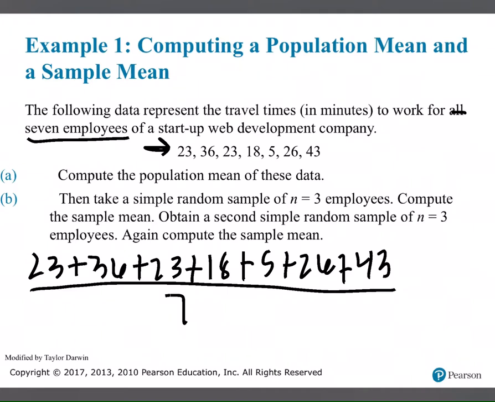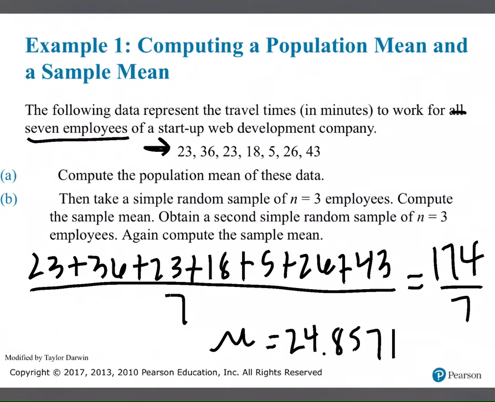So 23 plus 36 plus 23 plus 18 plus 5 plus 26 plus 43. I get 174 divided by 7. And when you do that, you will get 24.8571. And so that's how we do that.